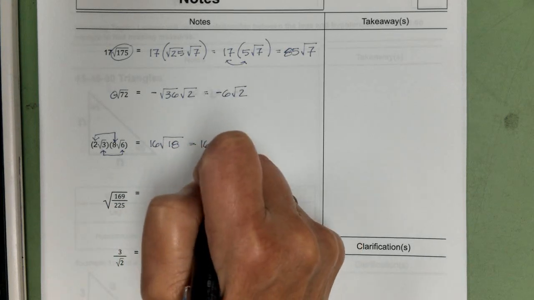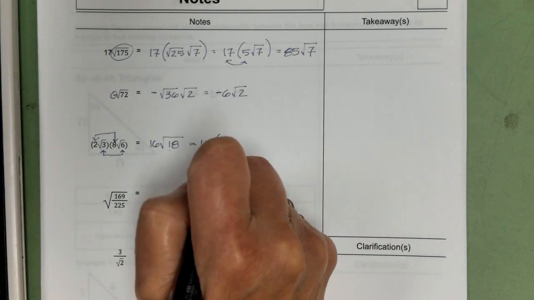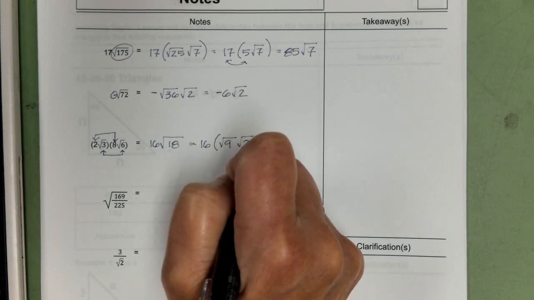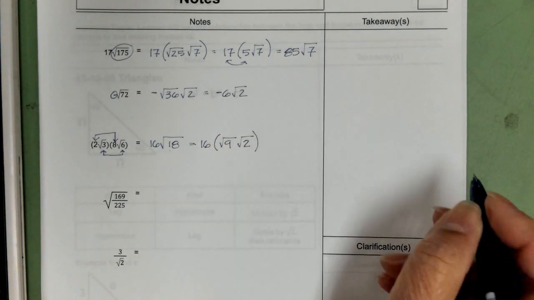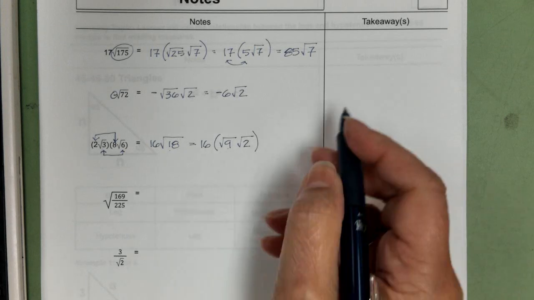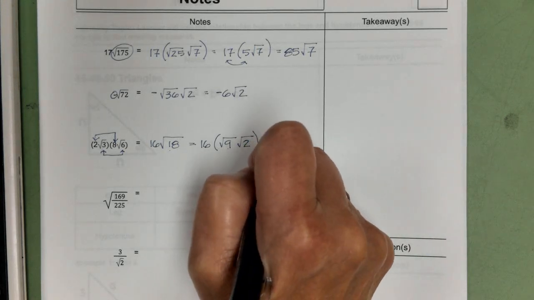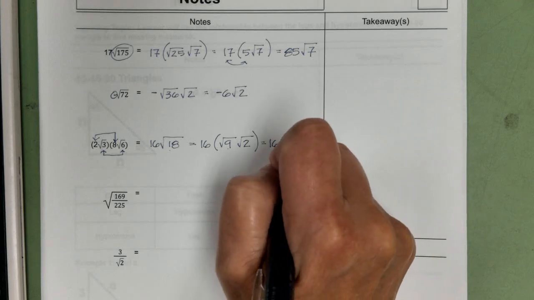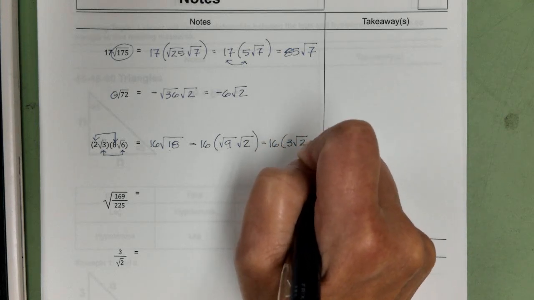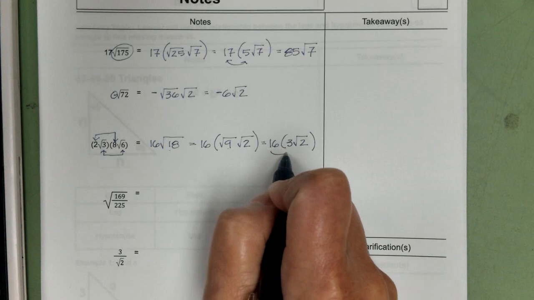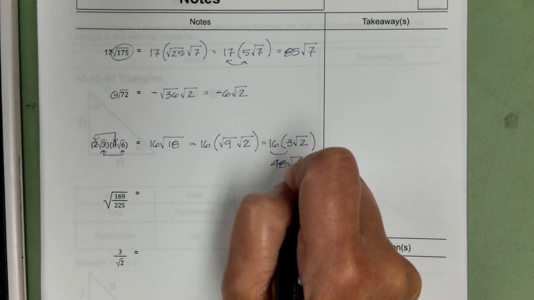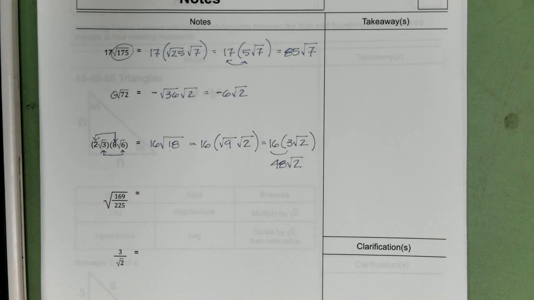We carry the 16. 18, the largest perfect square, is 9. So we have the square root of 9 times the square root of 2. The square root of 9 is 3. So we have 16 times 3 square root of 2. 16 times 3 is 48. So this simplifies to 48 square root of 2.